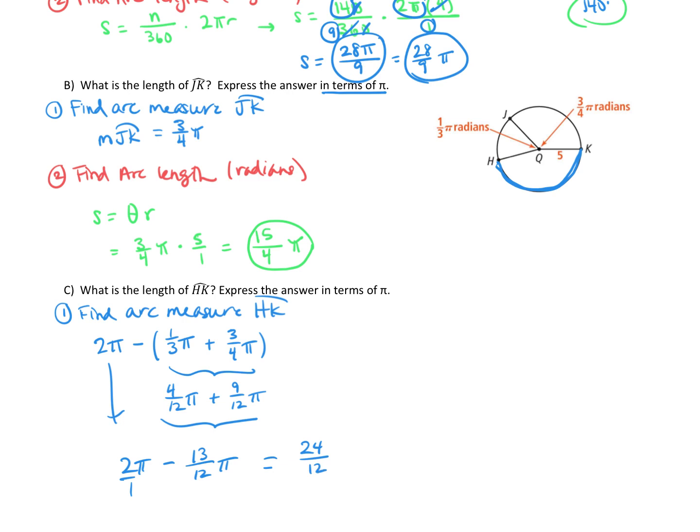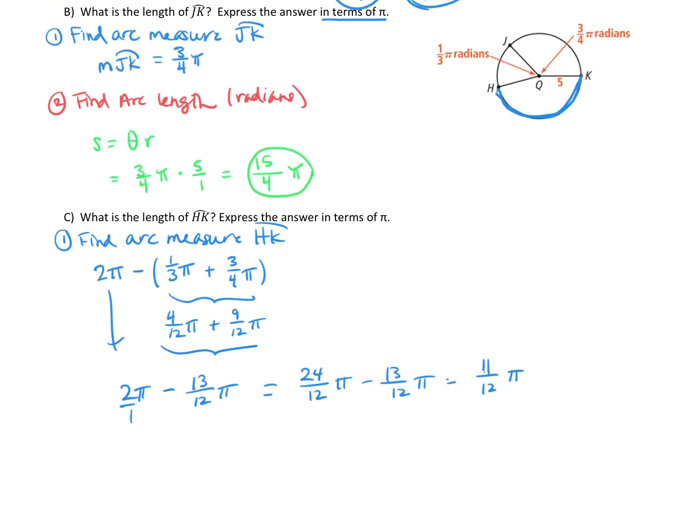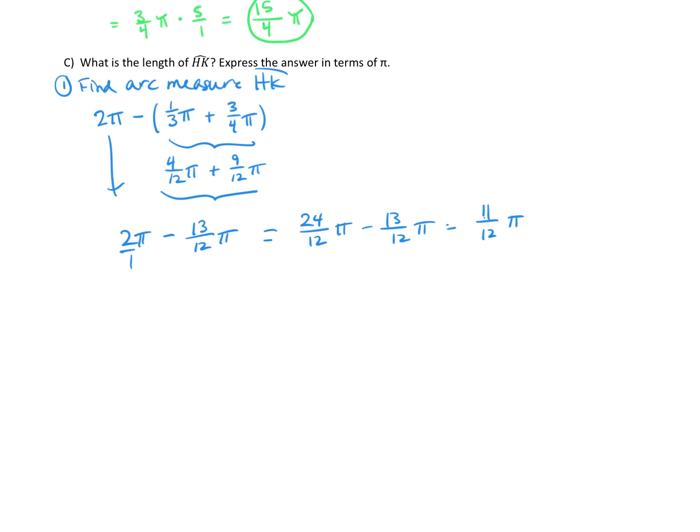That's the same thing as 2 pi minus 13/12 pi. And now 24 minus 13 gives us 11/12 pi. Okay, I know I'm going into a lot of detail here, but again, the more we talk about some of this math, hopefully the easier it seems, right?